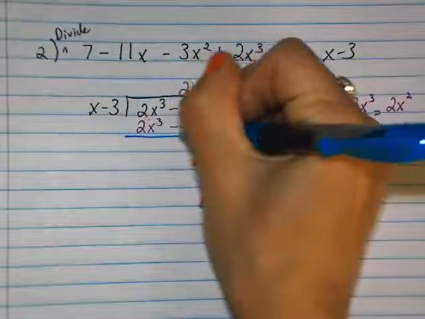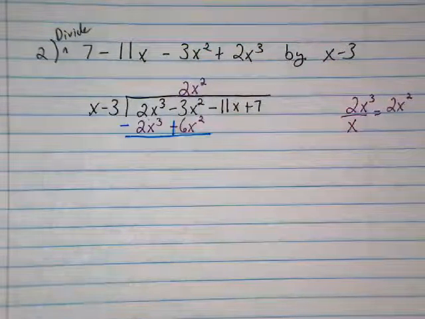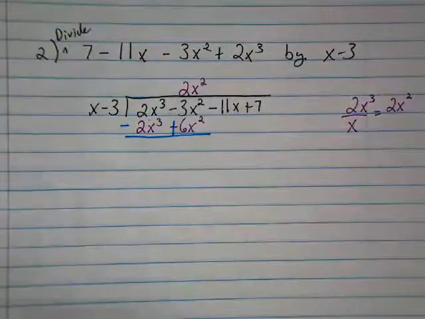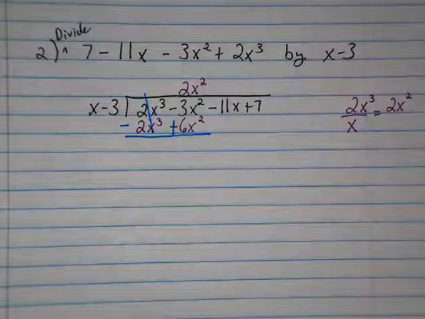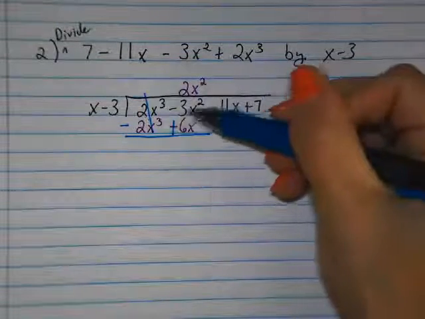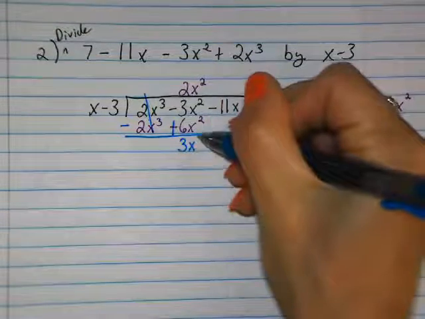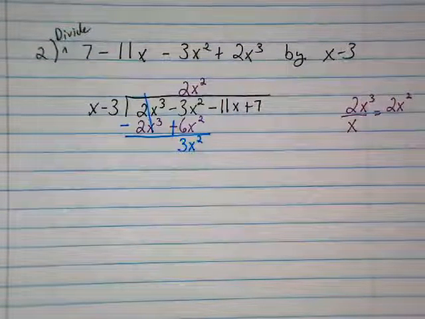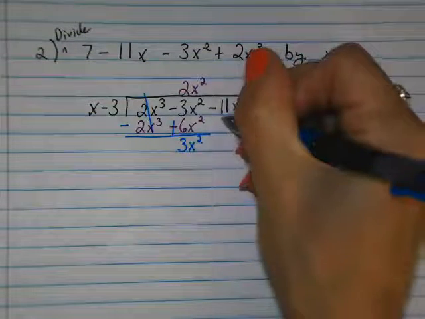Draw a line, change our signs. So 2x cubed minus 2x cubed, they're gone. I have negative 3x squared plus 6x squared gives me 3x squared. Step 5, bring down the next term.